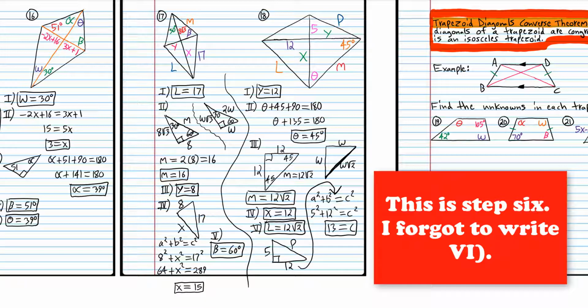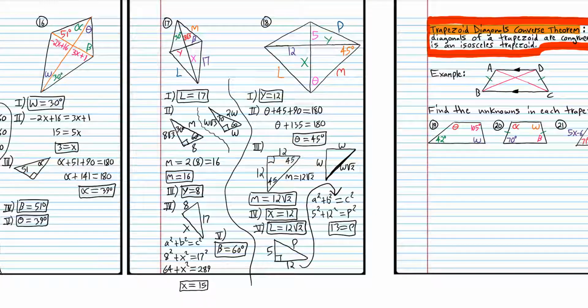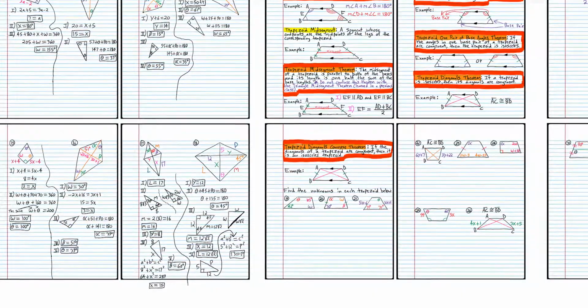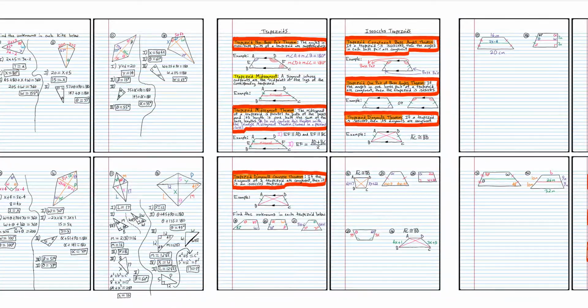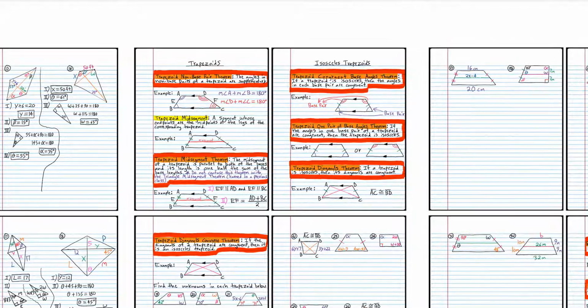And whoops, instead of C I needed to plug in P. That's P squared, so P is equal to 13. And we should have 1, 2, 3, 4, 5, 6 variables. So 1, 2, 3, 4, 5, 6. So it looks like we're done. So if you got that one right, that's very good. That was kind of a challenge problem, but don't complain too much. You should be able to do those problems, or at least give it a good attempt.